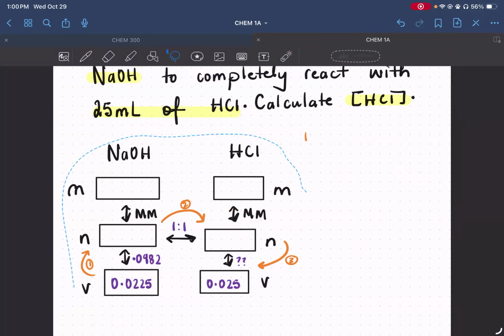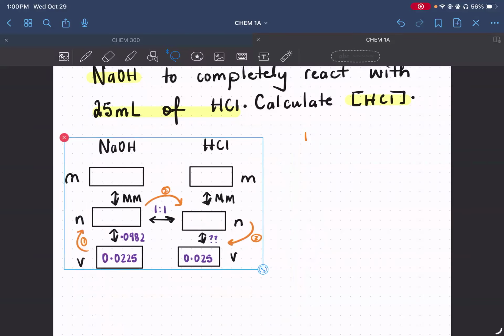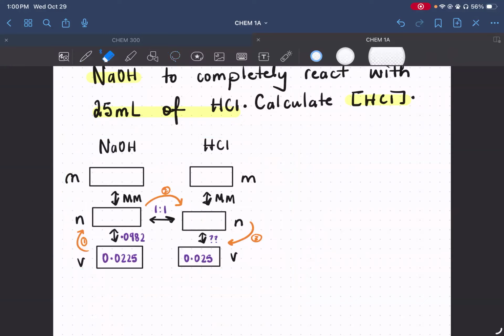And make this a little smaller so I have space. Starting with step 1, which is going from volume to moles, specifically of sodium hydroxide.